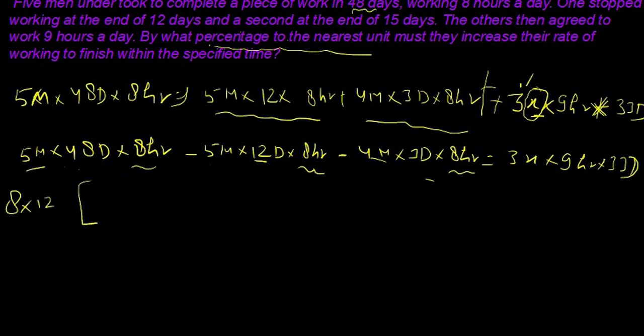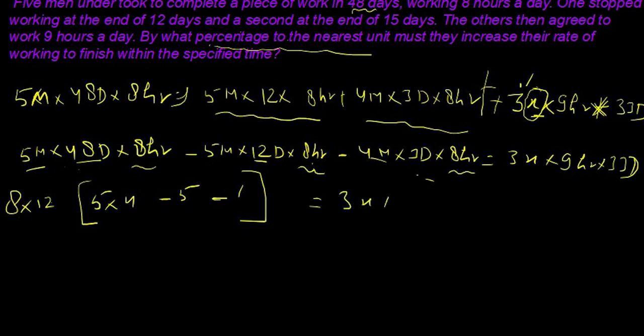So this is 5; 12 4s are 48, so 5 4s. 8 is already taken. For the next, 12 is already common, 8 is already common, so only 4 is there. 4 3s are 12, 12 is common, 8 is also common, so 1 remains.